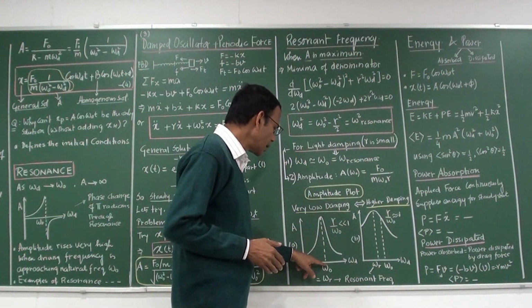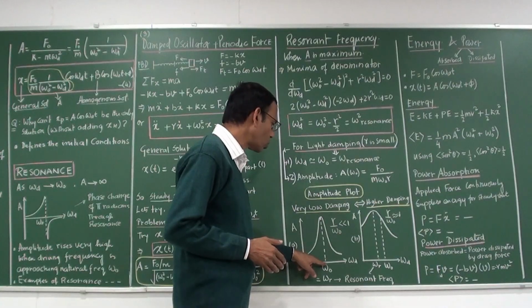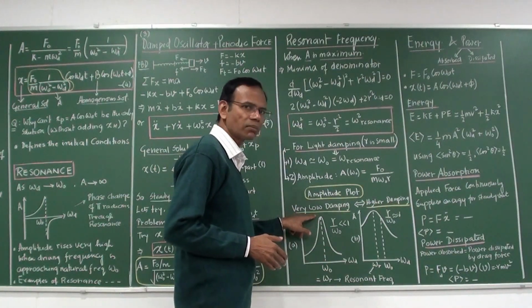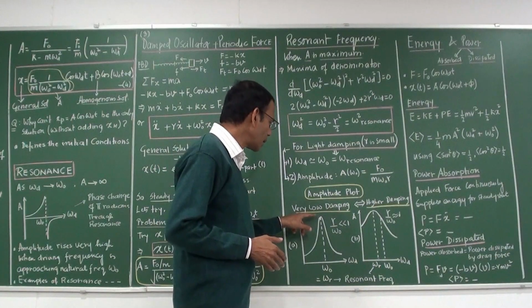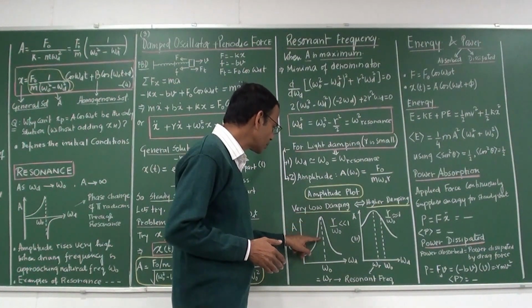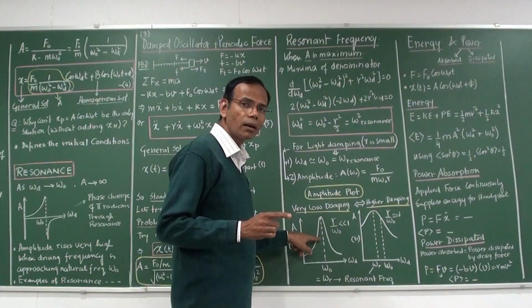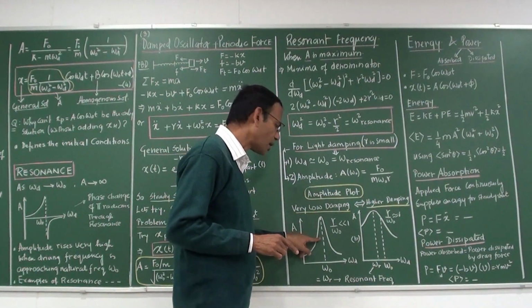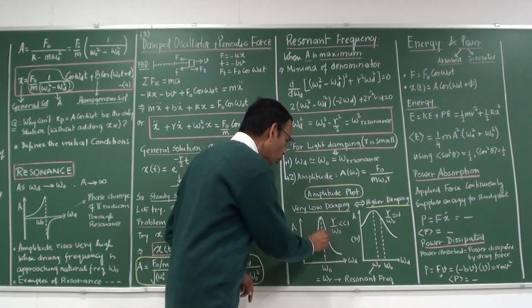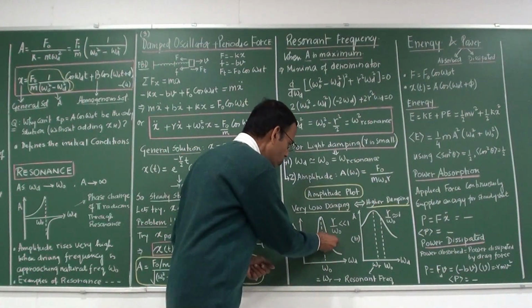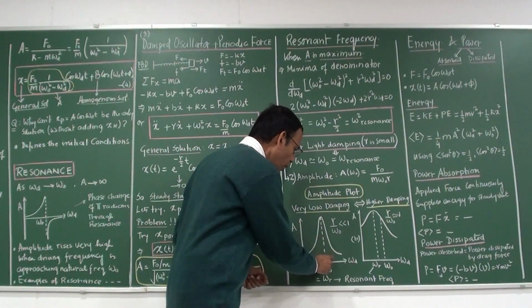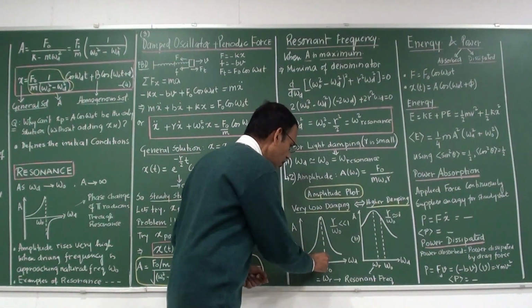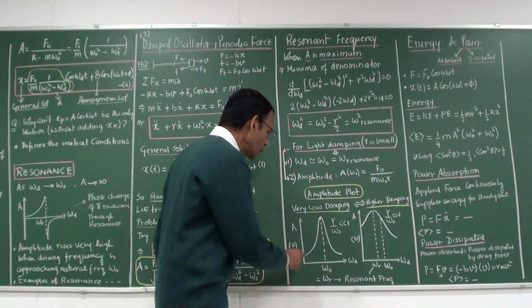Now, here you see at omega d equal to omega 0, this is maximum. If you take somewhere here where it is half of the maximum, and take the width of this, one point will be omega 0 plus gamma by 2, another one will be omega 0 minus gamma by 2.